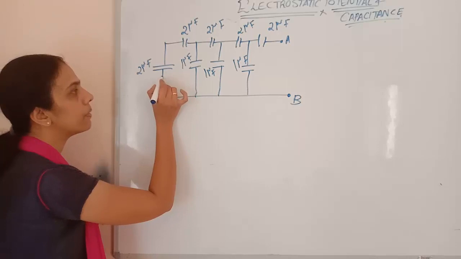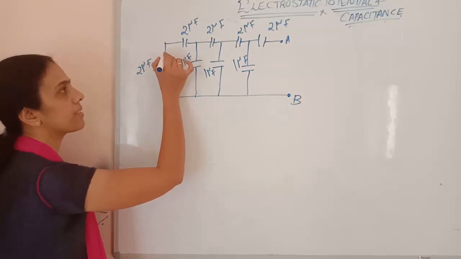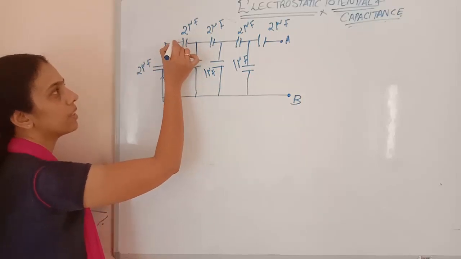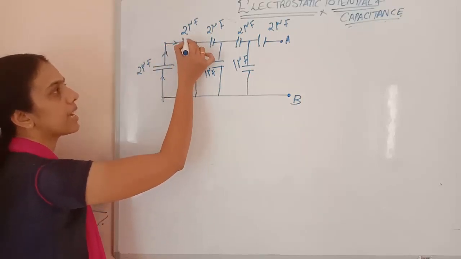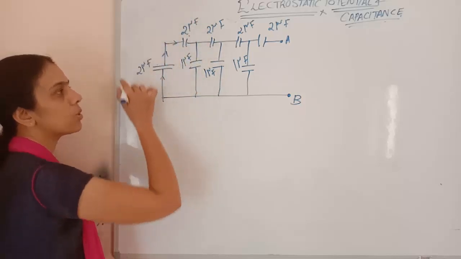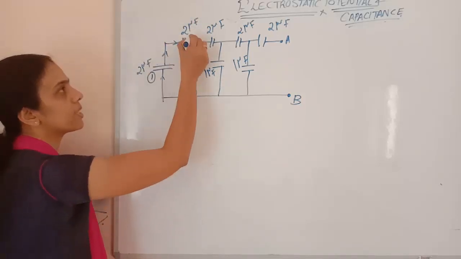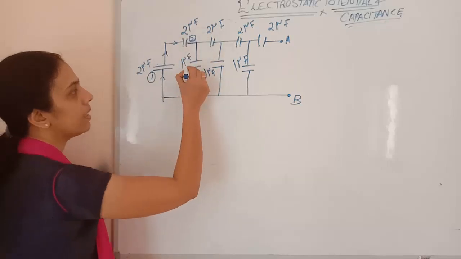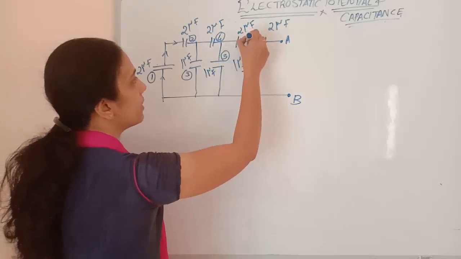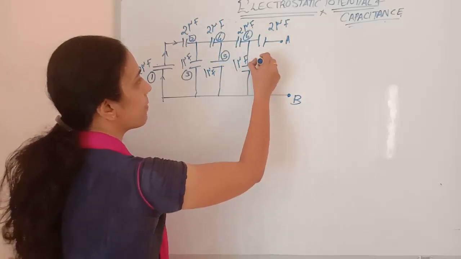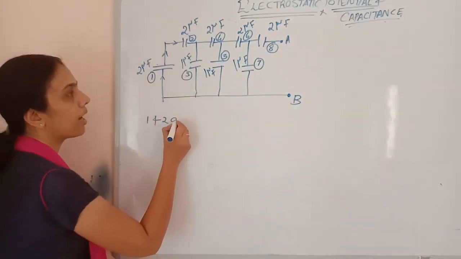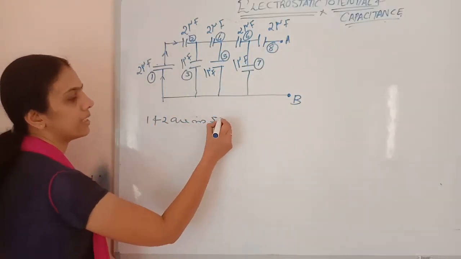The charge is moving like this, so the same charge will move through this 2 microfarad also. I am considering this as 1, this 2, this 3, this one as 4, this one as 5, this one 6, this one 7, and this one as 8. Now 1 and 2 are in series.